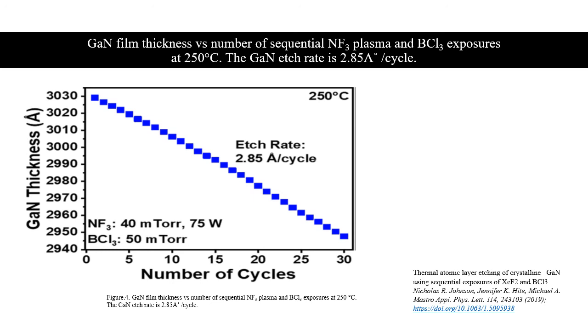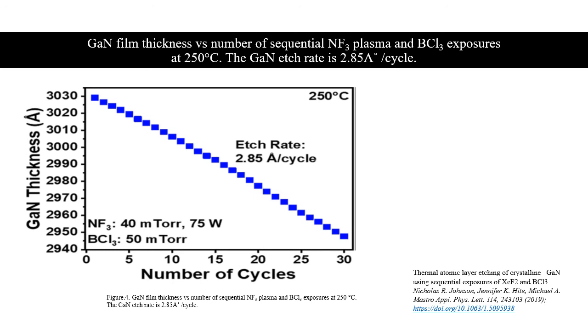The figure here displays the gallium nitride thickness versus the number of reaction cycles at 250 degrees Celsius. First, NF3 was dosed into the chamber at a pressure of 40 millitorr for 25 seconds. After some time, boron trichloride was dosed into the chamber for 0.5 seconds at a pressure of 50 millitorr, and it showed an etch rate of 2.85 Angstrom per cycle over 20 cycles.